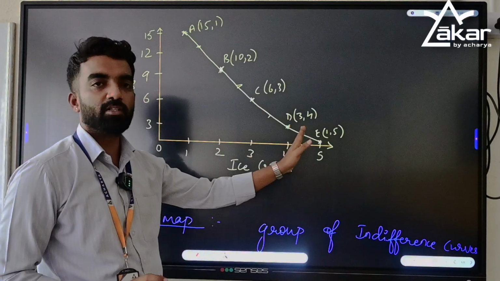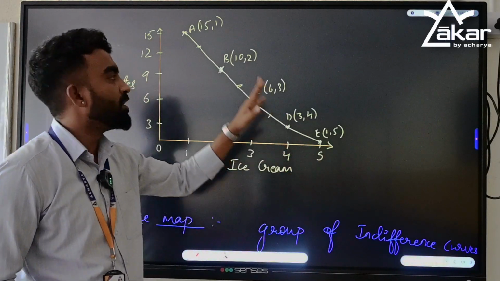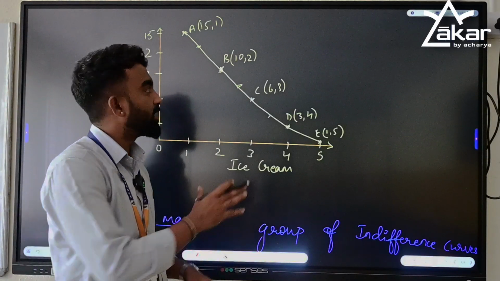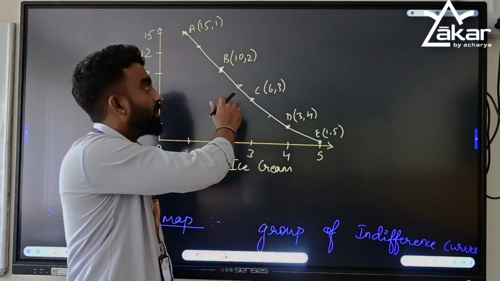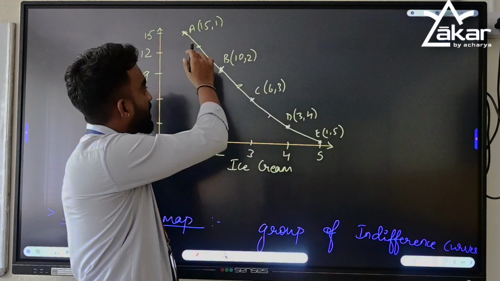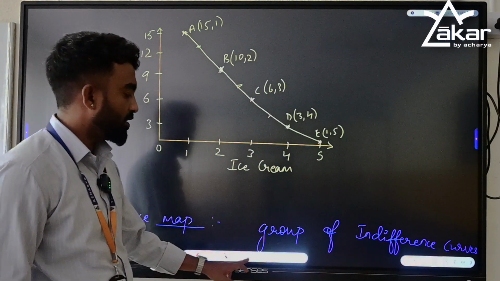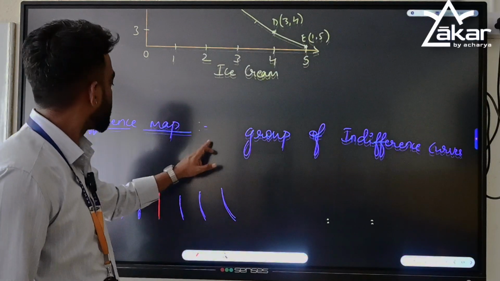Whether he is consuming 1 unit of chocolate and 5 units of ice cream, or 15 of chocolate and 1 of ice cream, it doesn't matter. A consumer is saying that I am equally satisfied throughout this curve, at any point, with my limited income and fixed price of goods.